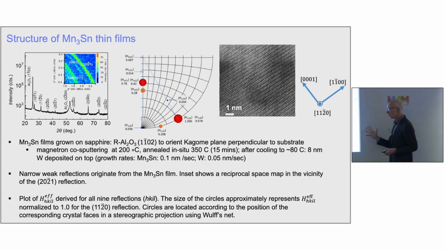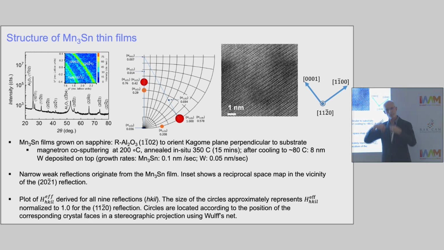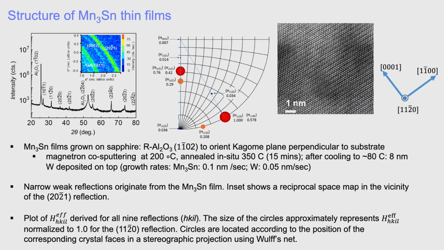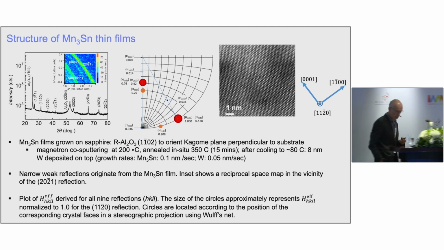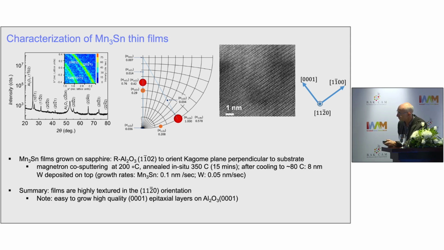It turns out that's not so easy, and the films are textured. You have Kagome planes perpendicular to the substrate. We here use the R face of sapphire, but we have multiple of these domains. If we grow the Kagome plane on C-oriented sapphire, the 0001, we can grow perfect epitaxial single crystal structures. So that's the background to the structure.